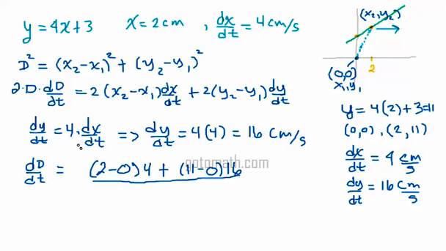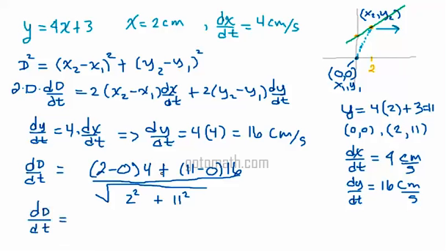And then we have the distance, and so this is the square root of this guy squared, and that's just going to be 2 squared plus this guy right here squared, and that ends up becoming 11 squared right there. So now what we can do is just simplify this thing down.